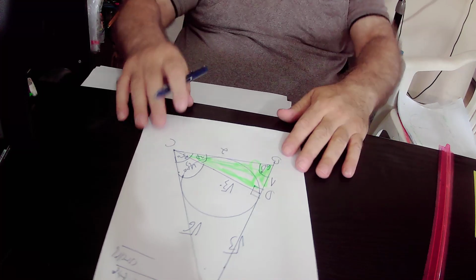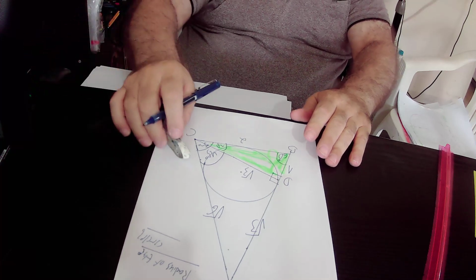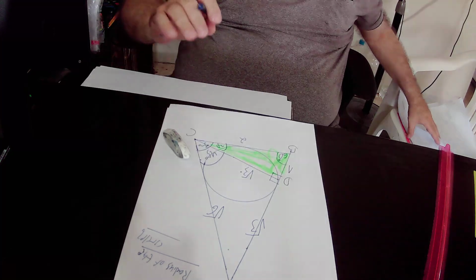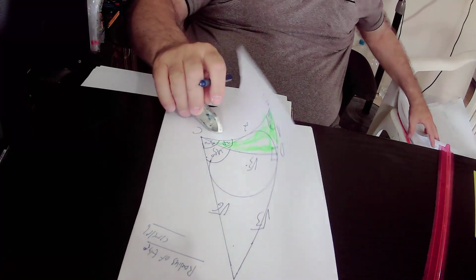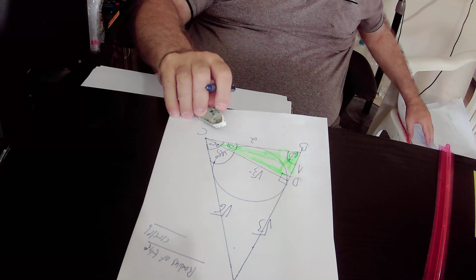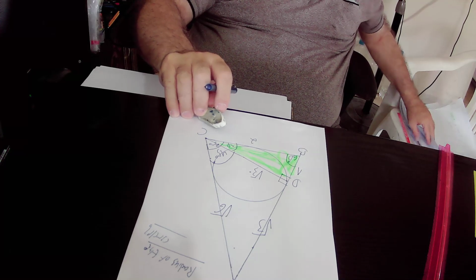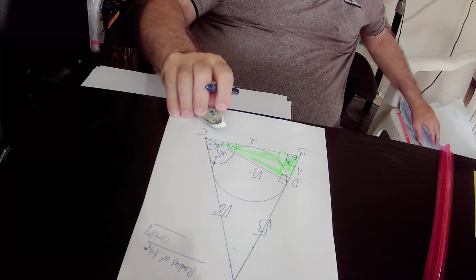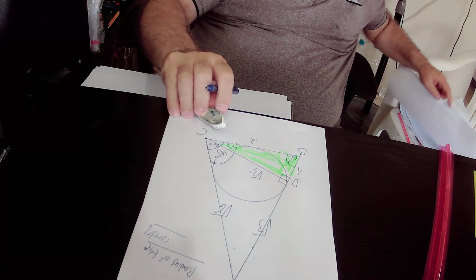Now we will implement a new rule for the radius of a circle that is inscribed in a triangle.